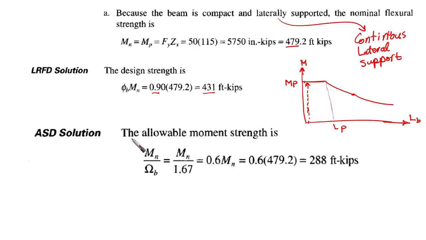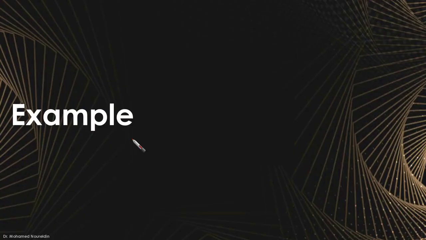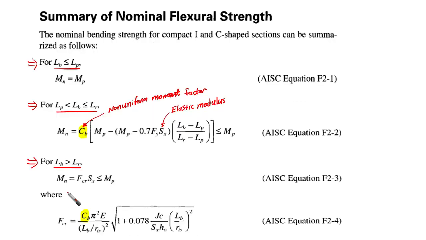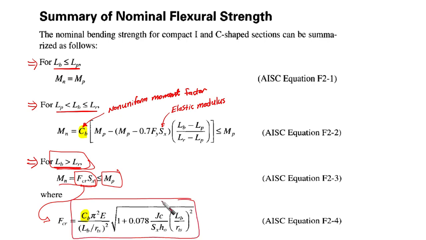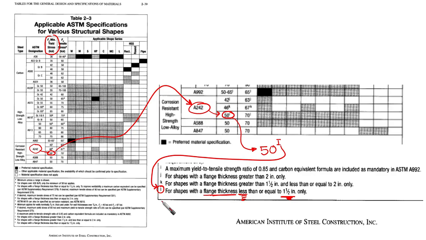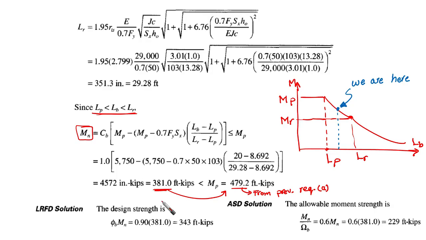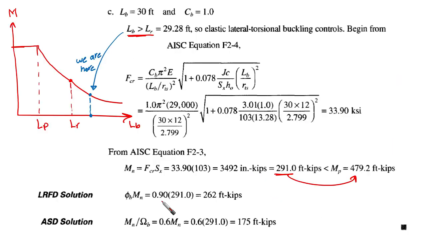Let's go back to our roadmap here. Yes, we are here. So this is the case Lb larger than Lr, then Mn equal to Fcr times Sx, and should be capped with Mp, and Fcr equal to this nice equation here. Okay, and let's go. So Fcr can be calculated easily.